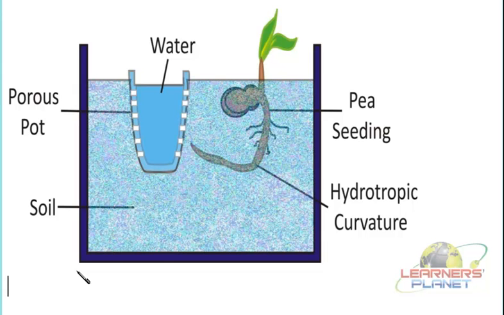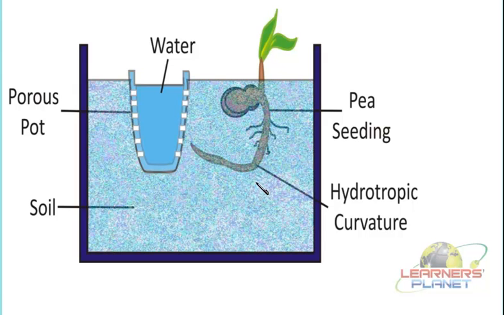Even such a thing we can clarify more precisely with the help of this particular diagram. It is a picture which is shown for a particular experiment. What we have done is just place the soil in a transparent container.